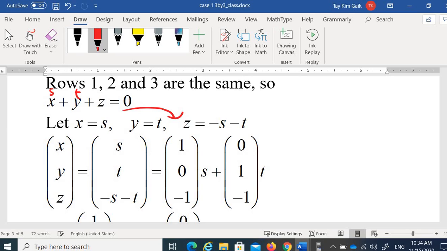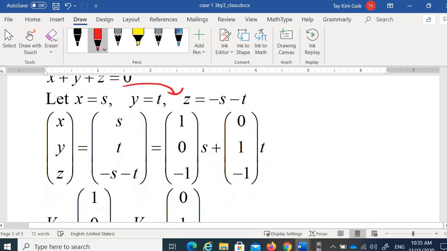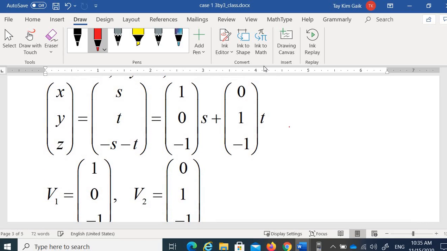So break into two vectors which consist of parameter s and parameter t. x is 1s, 0t; y is 0s plus 1t; z is -1s plus -1t. If we let s equal to 1, t equal to 1, this will be your v1, this will be v2.